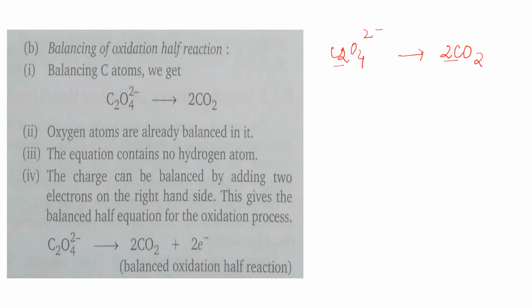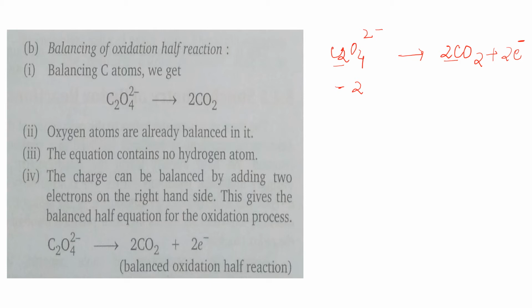Okay. Now see for the charge. I am having 2 negative charge in the left hand side, but in the right hand side I have no charge. So what I have to do? I can add 2 electrons in the right hand side for balancing the charge.